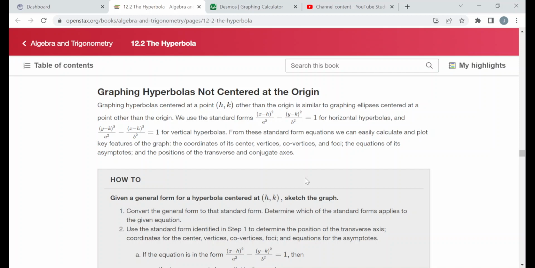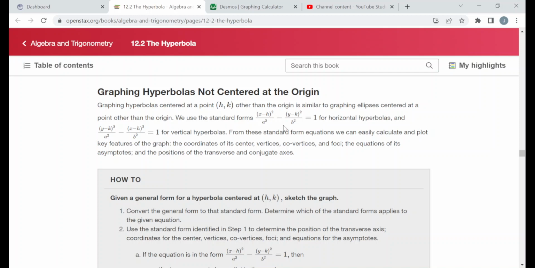Alright, so again I'm going to be assuming some prior knowledge from you. This section of the text comes after graphing hyperbolas that are centered at the origin, and I put out a video on that, graphing hyperbolas centered at the origin. So I'm assuming you've seen that or at least read through it, because this is very, very similar.